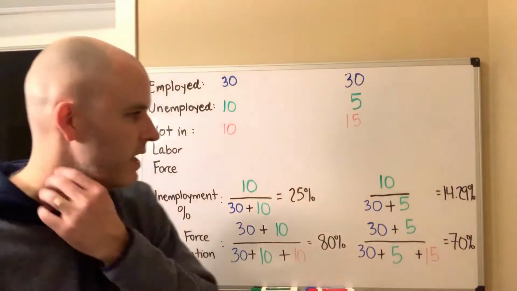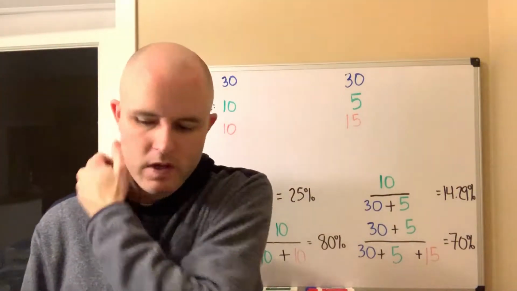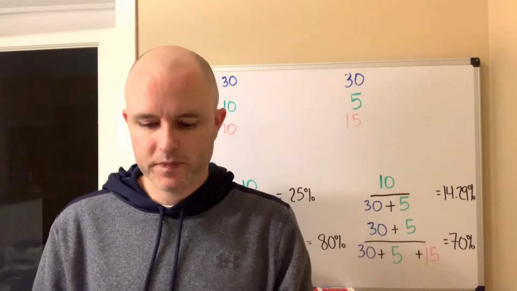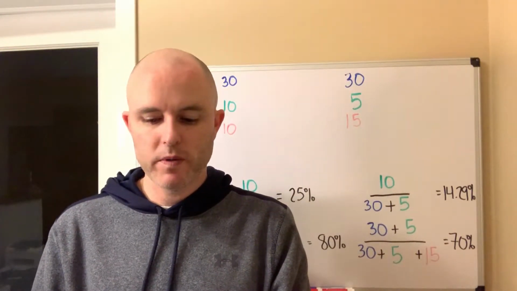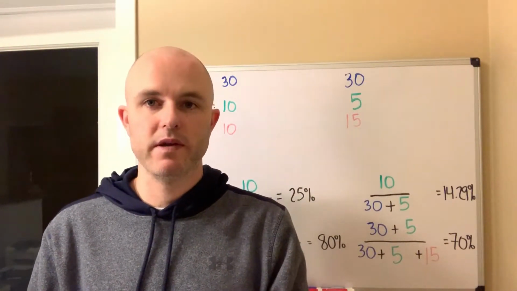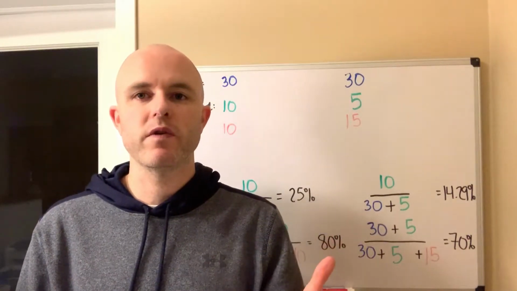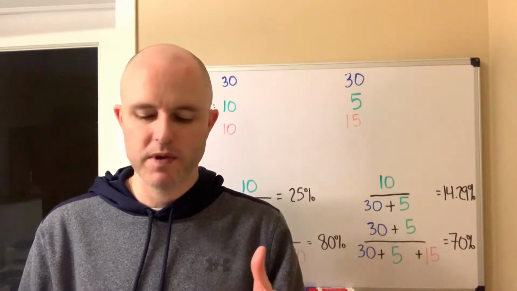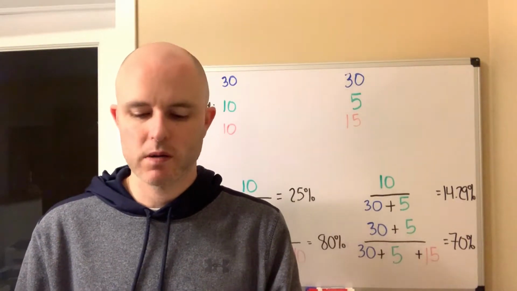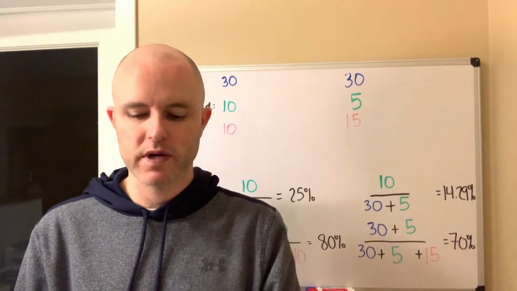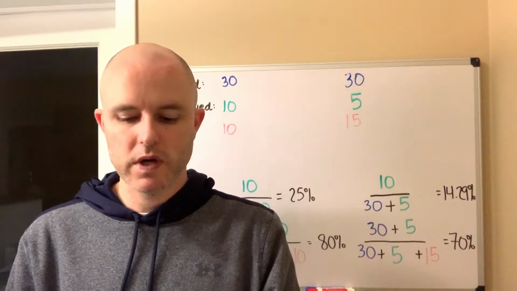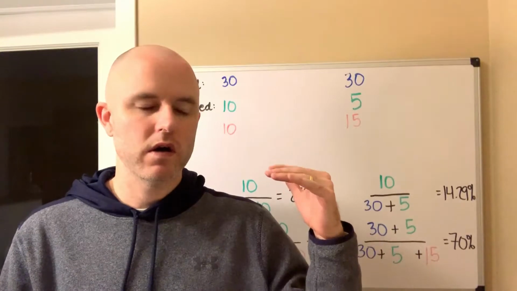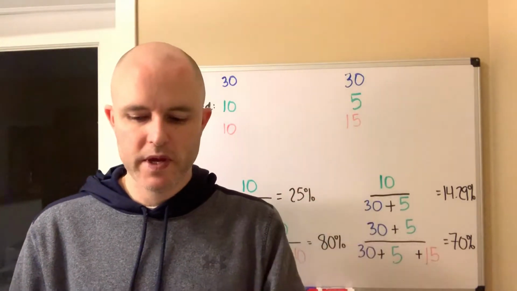Okay, now let's say it's 2008, and I've actually got the numbers here. In 2008, the unemployment rate was 6.5%, and it should increase to 10% at its peak, but just for the sake of comparison, we'll keep it consistent here. So it was at 6.5% as the crisis got going and deepened.